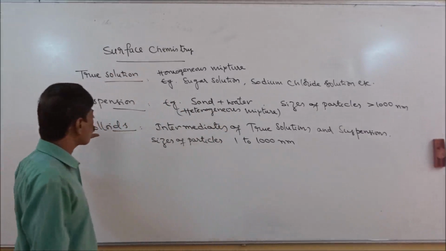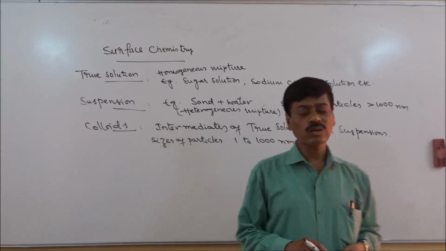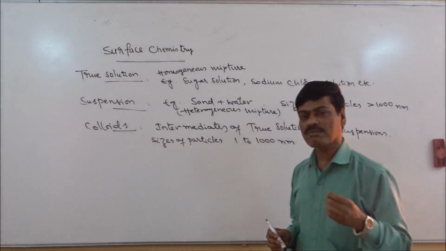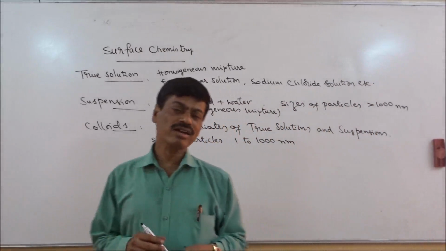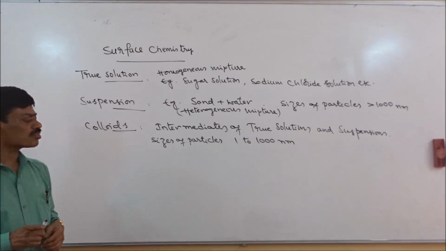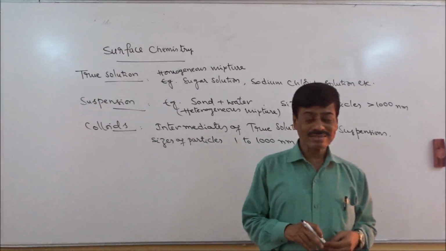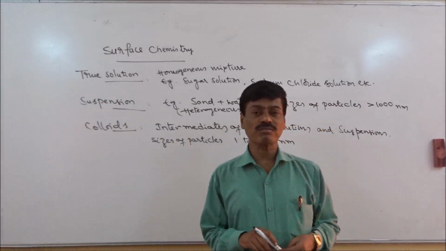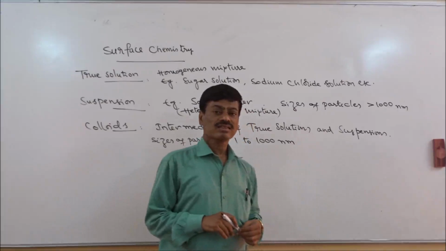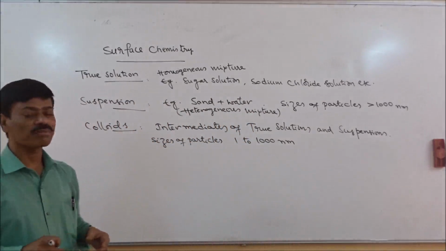And when we move to colloids, apparently the colloid look like homogeneous mixture. Best example, milk is a colloidal solution. So milk looks like homogeneous mixture. But when milk is seen under the powerful microscope, the lipid material present in the milk can be seen separately.